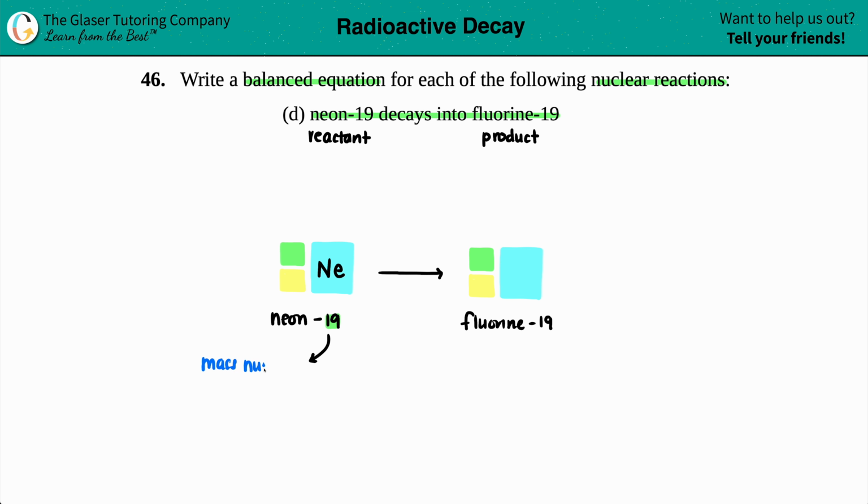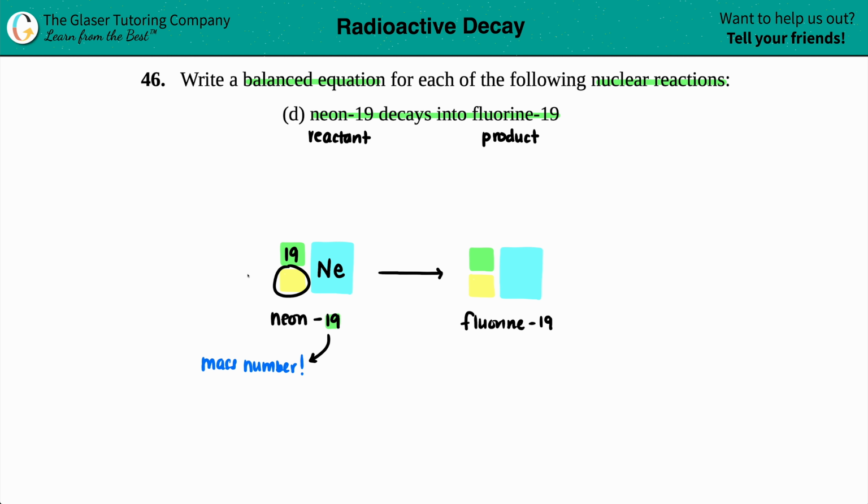Now the mass numbers can change for the same element or the atom because you could have different numbers of neutrons. And neon-19 in this case, 19, it's the mass number, it's the number of protons plus the neutrons. And the mass number is always the number that goes on the top. So the 19 goes up here.